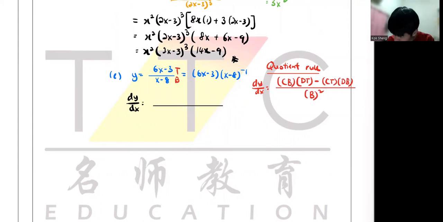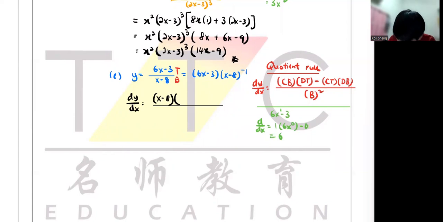Okay, copy bottom first. The next bracket is differentiate top. 6x minus 3, right? So differentiate the top, you will get 6, minus copy top, differentiate bottom.